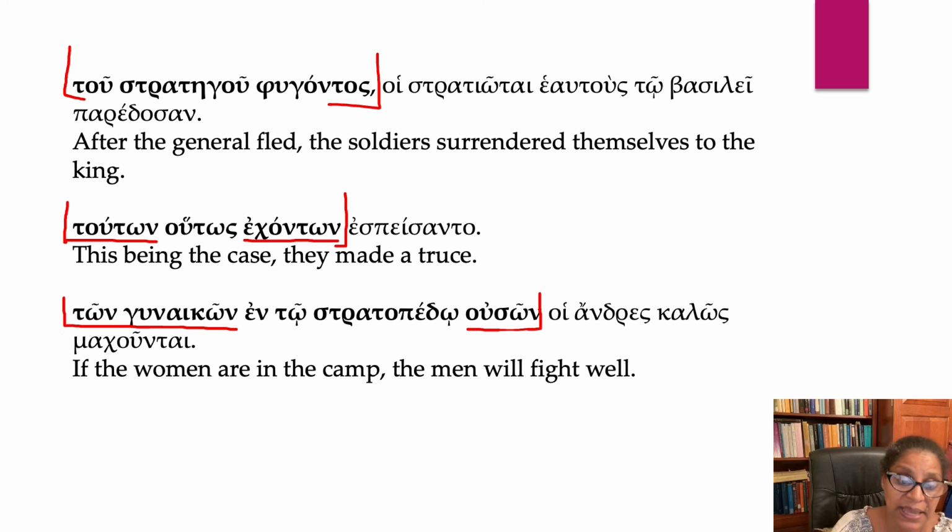Because the women are in the camp, the men will fight well, etc. So you can have any one of those possibilities. The larger context of the sentence will tell you which is the best translation here. But notice that whenever we put our participle construction in the clause, then we map the finite form of the verb to the same tense of the participle.